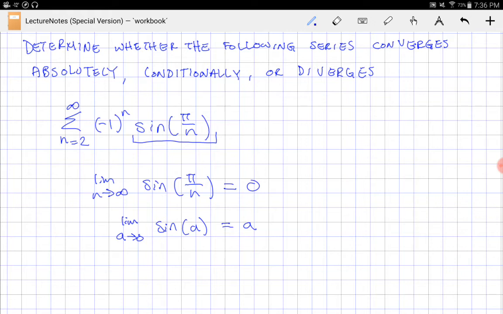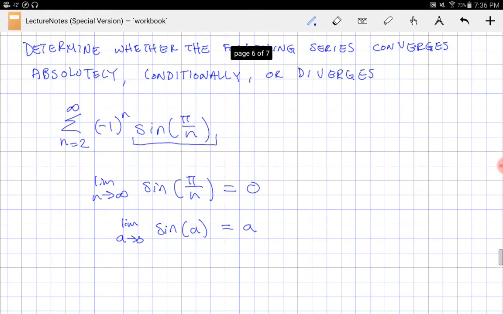So we can apply it in this case and say that the sum of sine pi over n is more or less equal to the sum of pi over n.